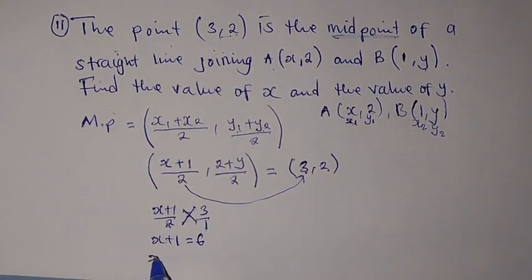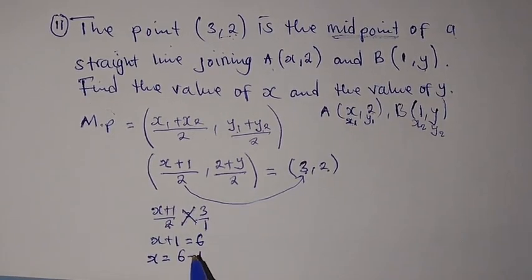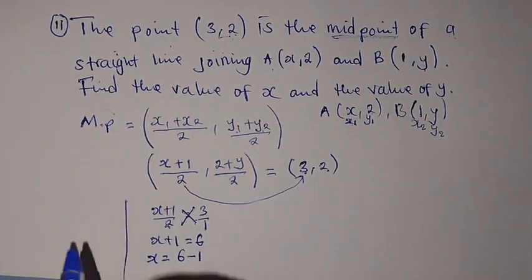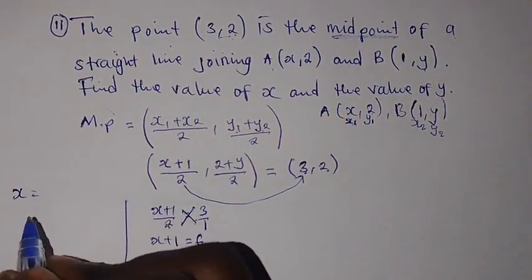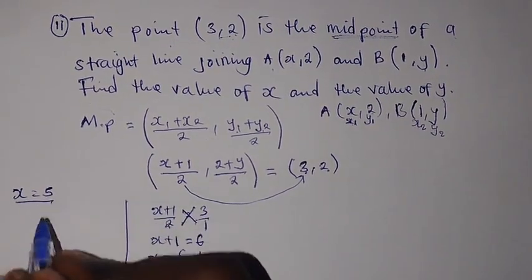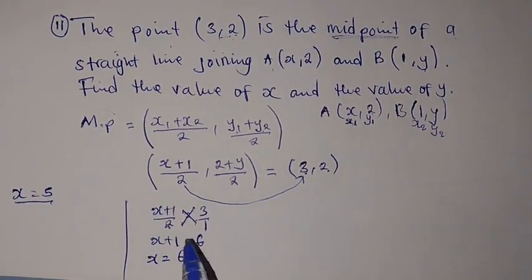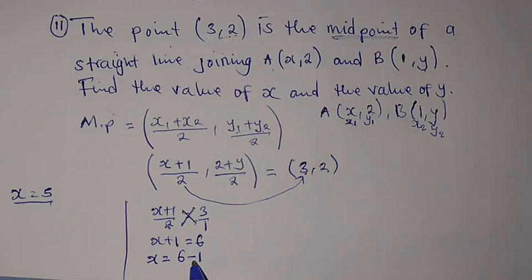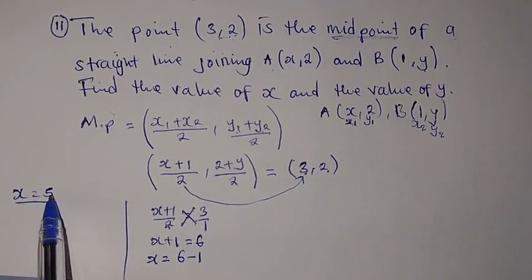So we say x is equal to 6 minus 1, which gives us 5. So x is equal to 5. What has happened here is the positive 1 has gone to where 6 is, and it has become a negative. This is why I wrote 6 minus 1. So the value of x is equal to 5.